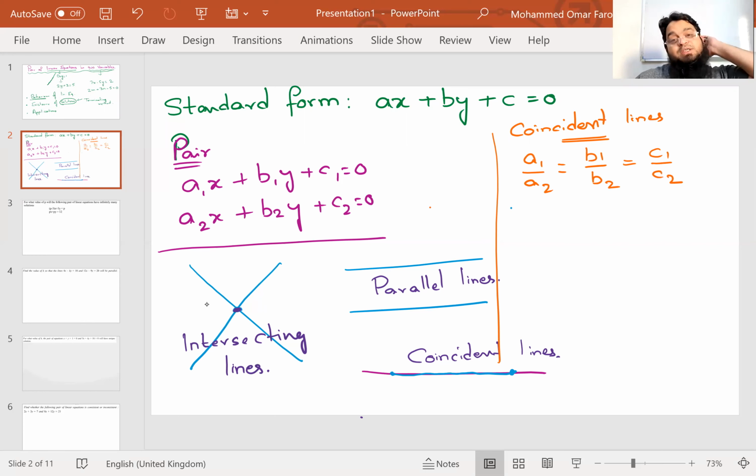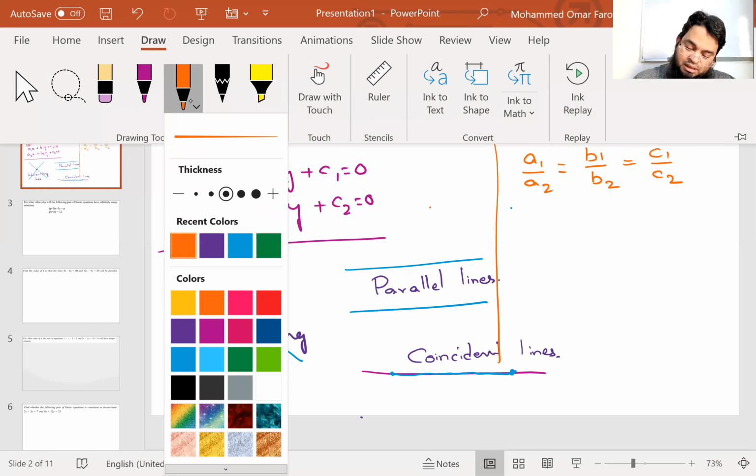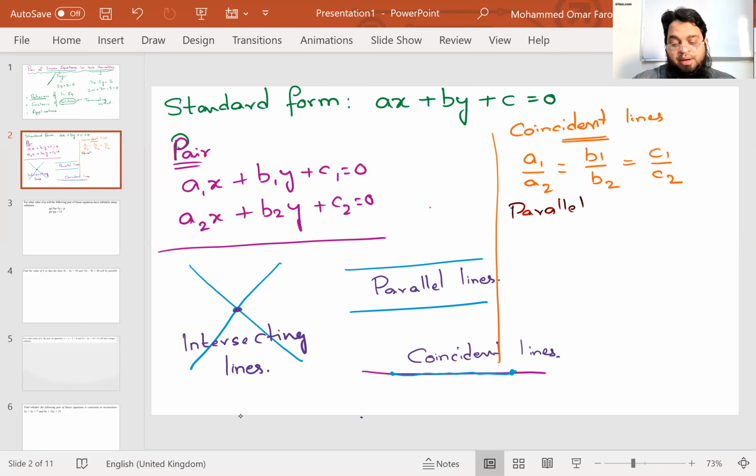That means the two equations are equal. And let us go to the next one. What is the next one, my dear students? The next one is if two lines are parallel, we know that the coefficients of x and y will be in the same ratio.